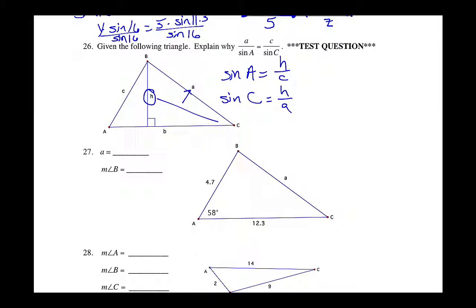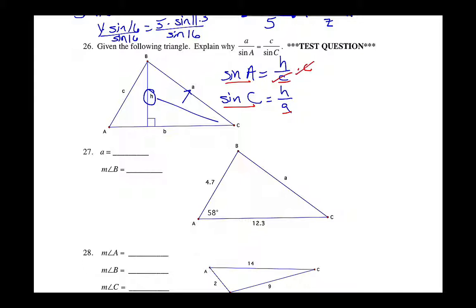So I've worked into the equation sine of A, sine of C, c, and a. But I want to get h out of there. So what we do is we multiply both sides of both equations by... I'm sorry, not by h. Let me back up a step. We multiply by the denominator. So in this top one, I'm going to multiply by c.